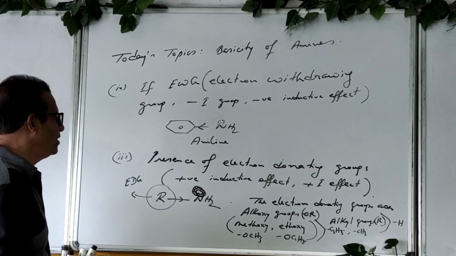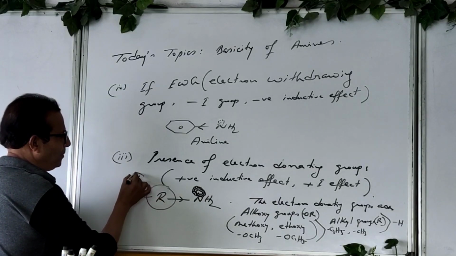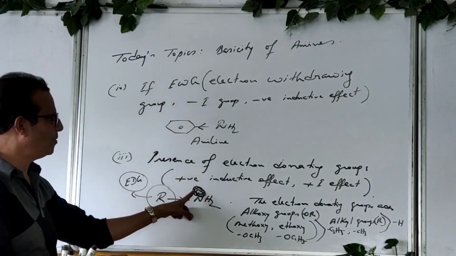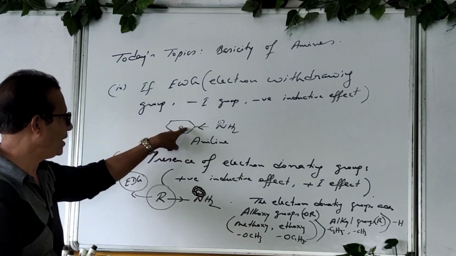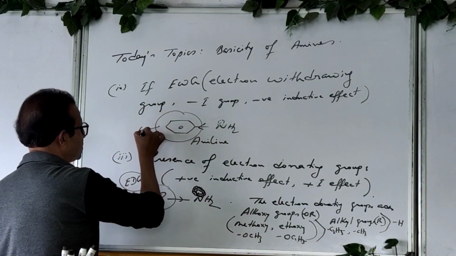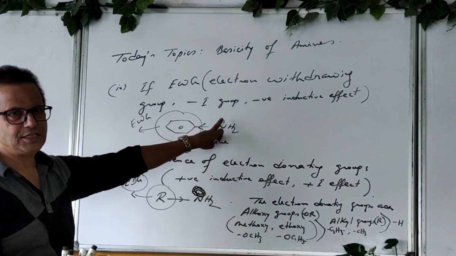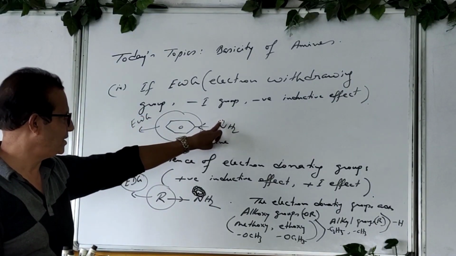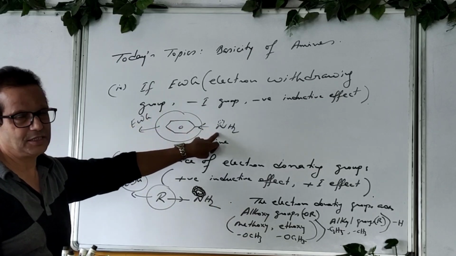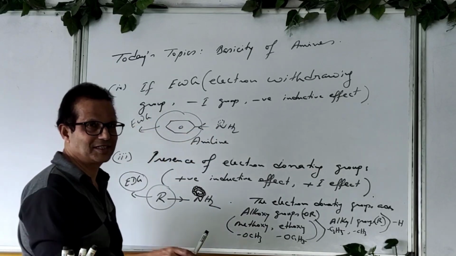Yes, correct. Aliphatic, because they have an electron donating group, so the density of the lone pair increases. In aromatic amines, benzene has an electron withdrawing nature, so the density of the lone pair on nitrogen decreases, so basicity also decreases.